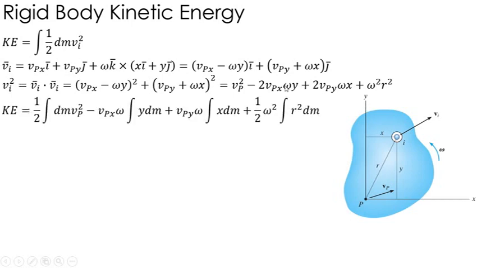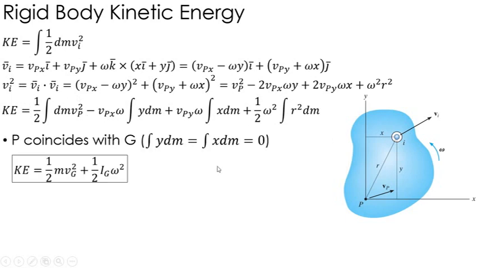Okay. Therefore, I can plug this value for vi squared, the velocity of this particle, into my integral to find the kinetic energy for the entire rigid body. So distributing each one of these components in, basically taking them all times 1/2 the integral dm, I have an equation that looks similar to this.